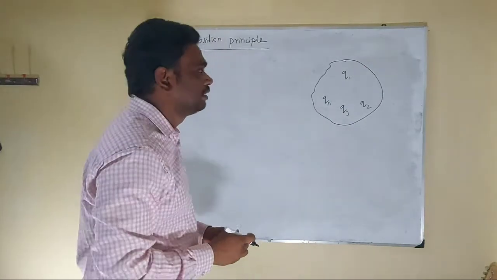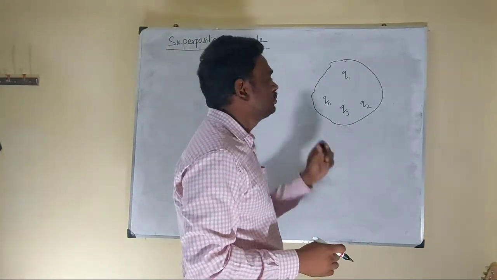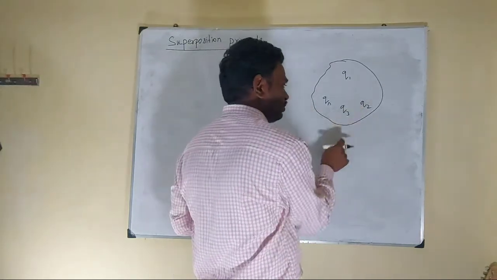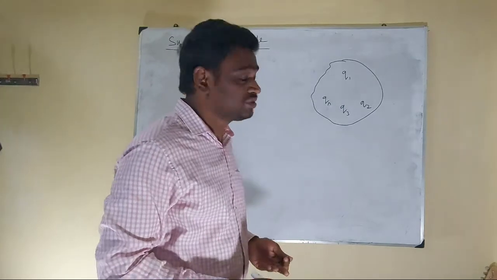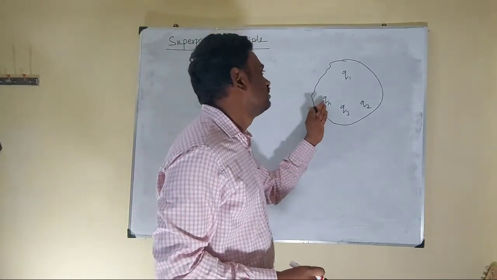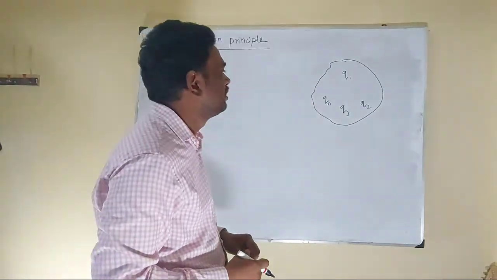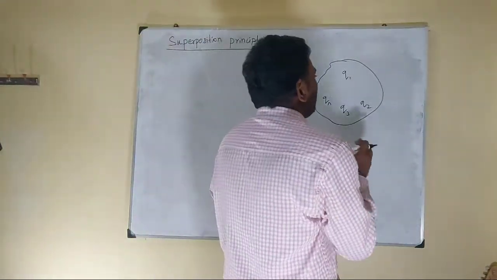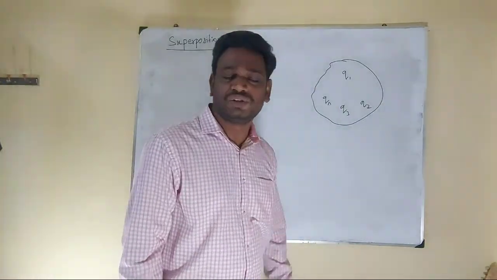Here there is a force on the charge Q1 due to the charge Q2, due to the charge Q3, up to, if the system has n number of particles, the force on the charge Q1 due to the nth charged particle. So how do we find this total force on the charge Q1?